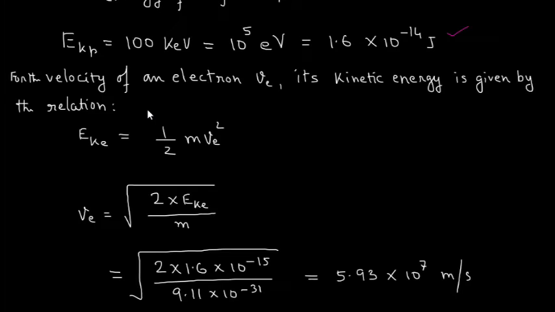For the velocity of the electron Ve, its kinetic energy is given by the relation KEe is equal to half m Ve square. Ve is equal to under root 2 multiplied by KEe upon m. Putting the values, we get 5.93 into 10 to the power 7 meter per second.